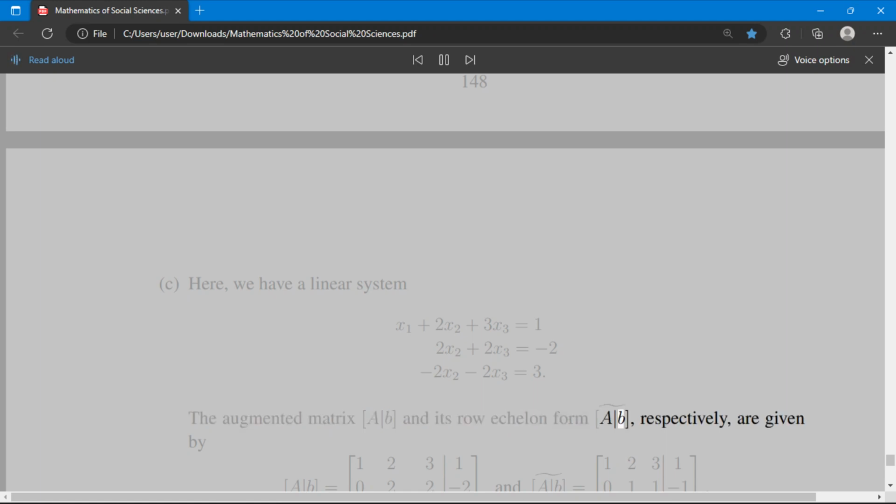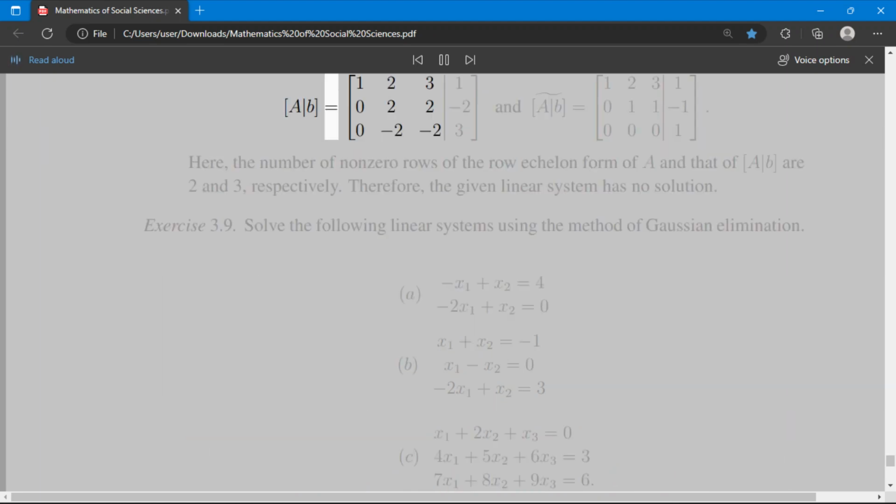The augmented matrix AB and its row echelon form GAB, respectively, are given by AB equals [1, 2, 3 | 1; 0, 2, 2 | 2; 0, 2, 2 | 3] and GAB equals [1, 2, 3 | 1; 0, 1, 1 | 1; 0, 0, 0 | 1].